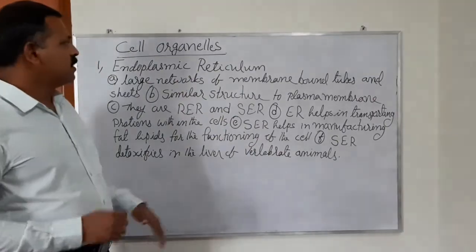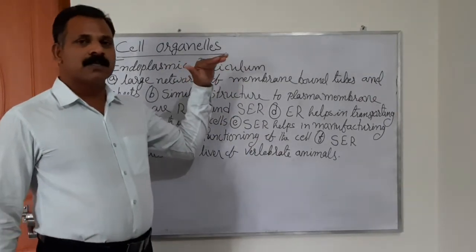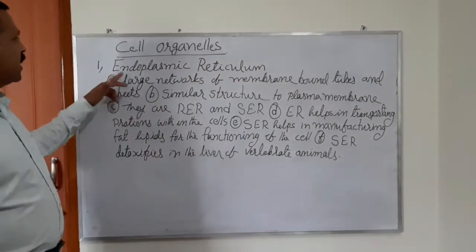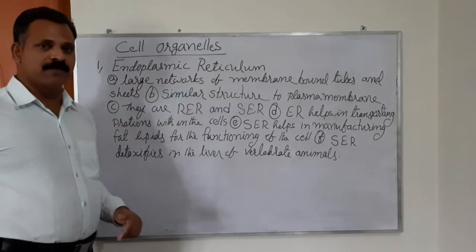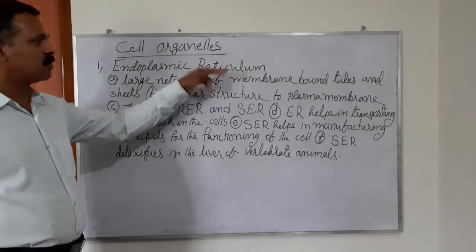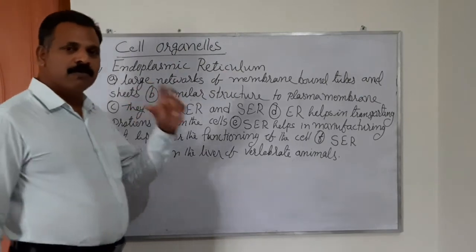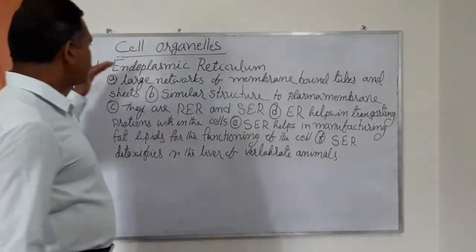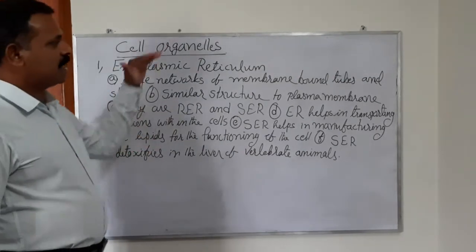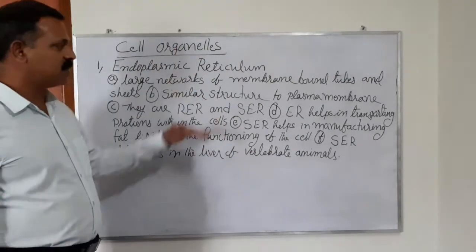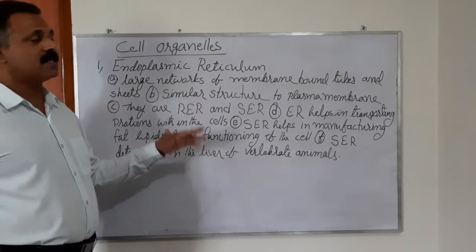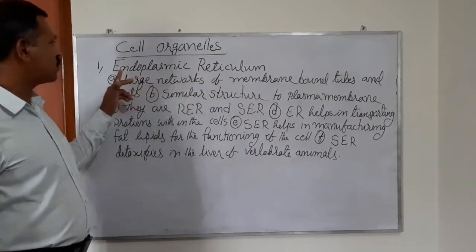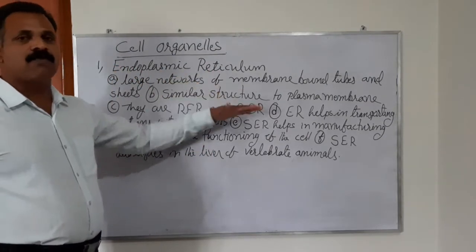So here the first cell organelle is endoplasmic reticulum. This endoplasmic reticulum is a very important organelle in the cell. See the different responsibilities, characteristics, features and duty that the ER, as it is shortly called, performs in a cell.